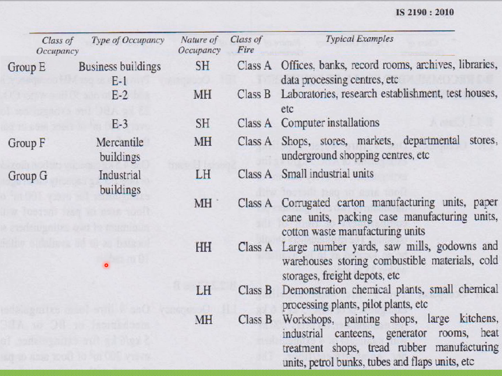A similar chart as previous, but for different occupancy types: Group E, Group F, Group G. Group E is business buildings, Group F is mercantile buildings, and Group G is industrial buildings.